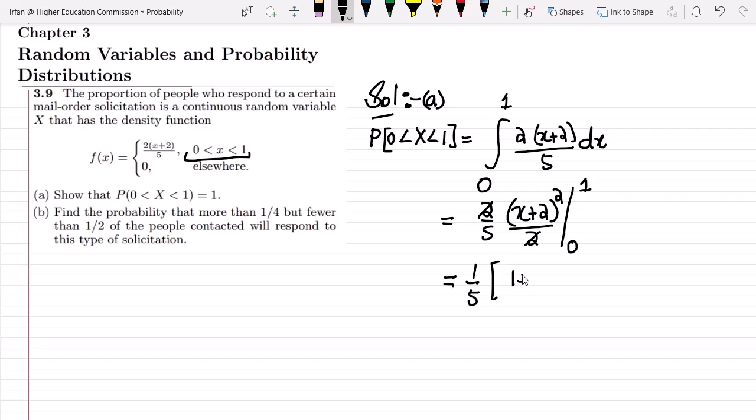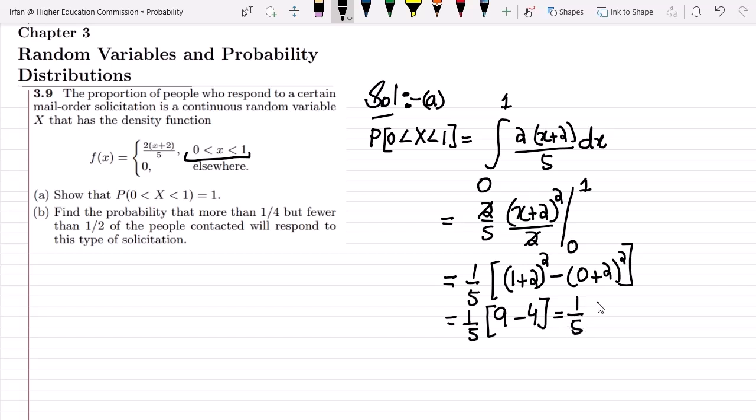So it is 1/5 times (9 minus 4). Nine minus 4 is 5, so these two cancel out, and at the end we get 1, which is the required result.